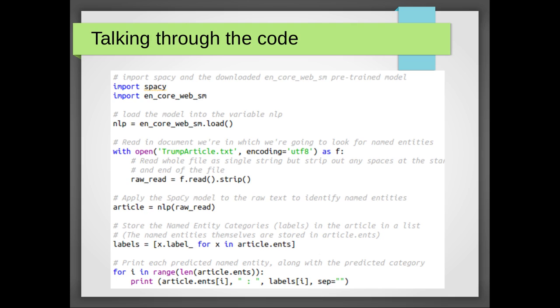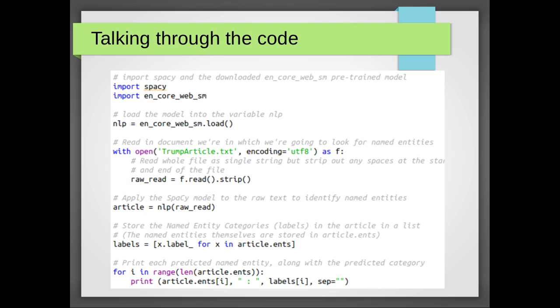Now what I'm going to do is simply print each named entity along with its corresponding label, the predicted category. I've just got a simple for loop here to loop through the length of article.ents, which is a list of entities that has been identified, the predictions from the model.